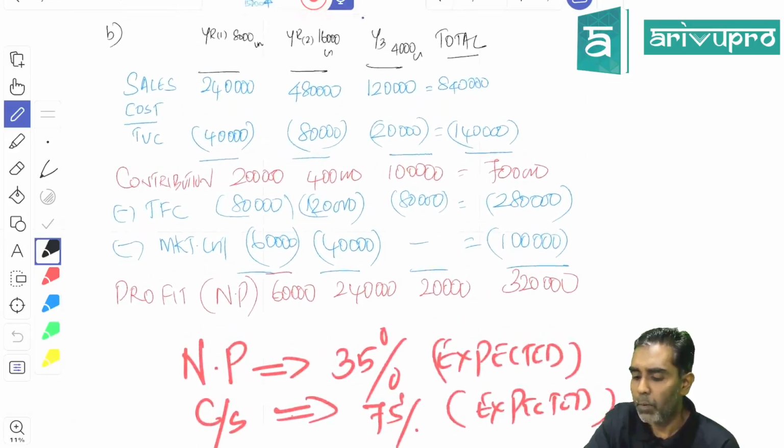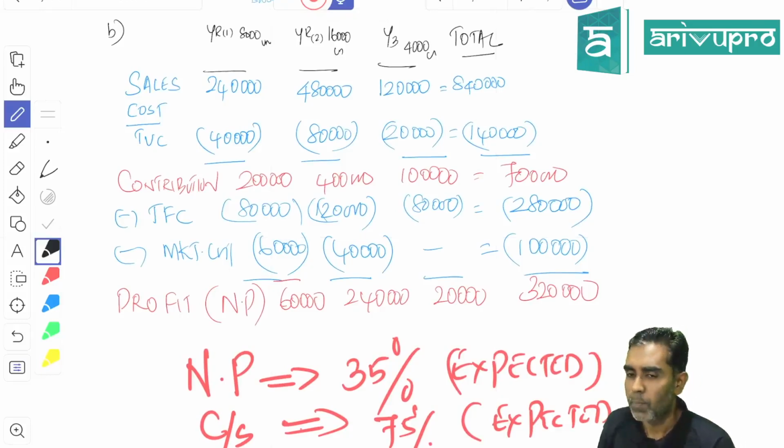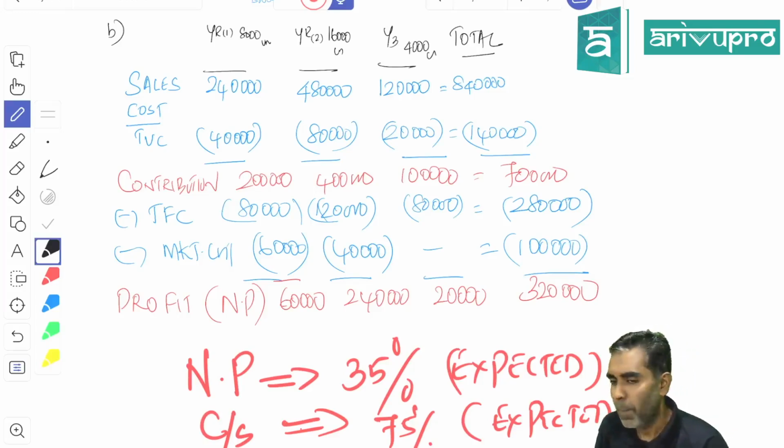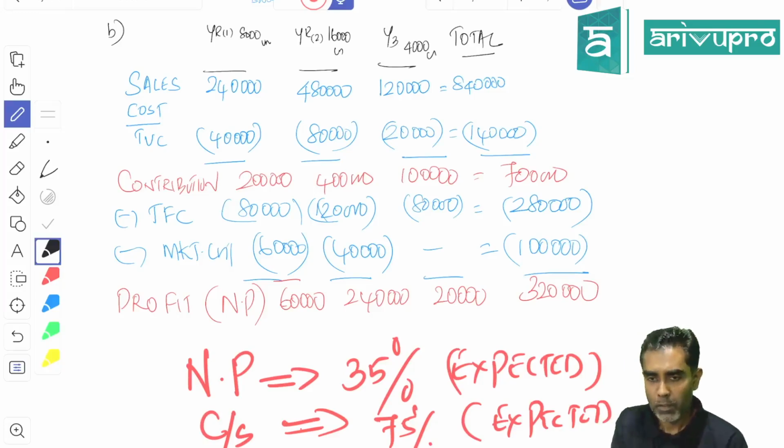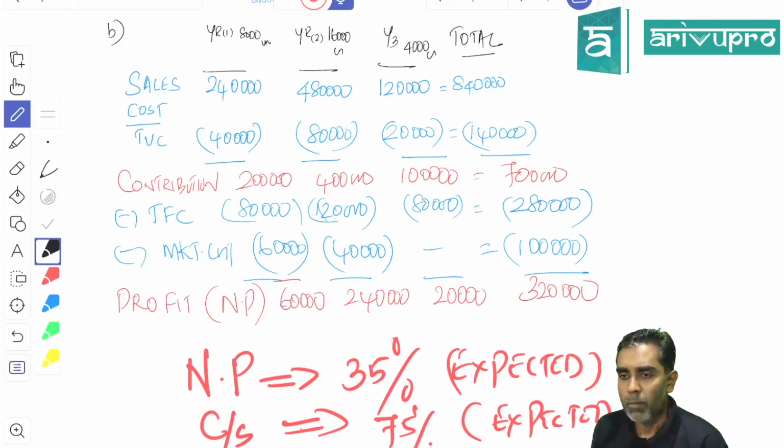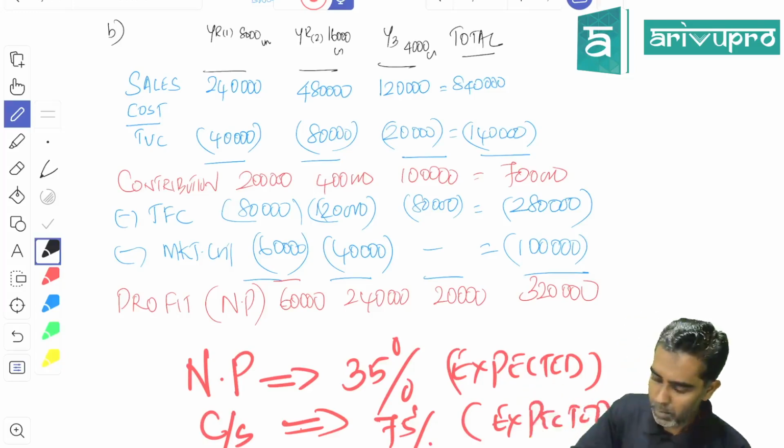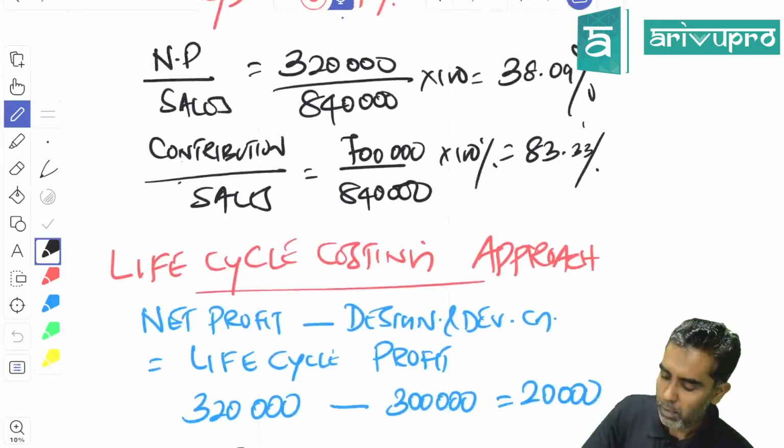This is the calculation that we have carried out. Any questions? Are you all okay?